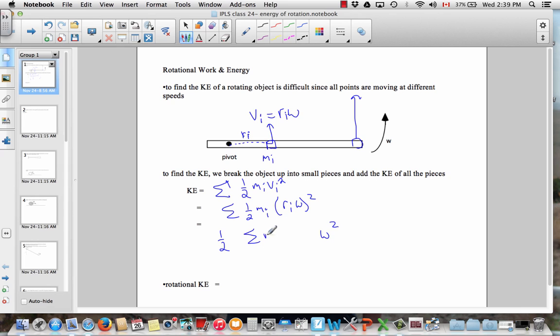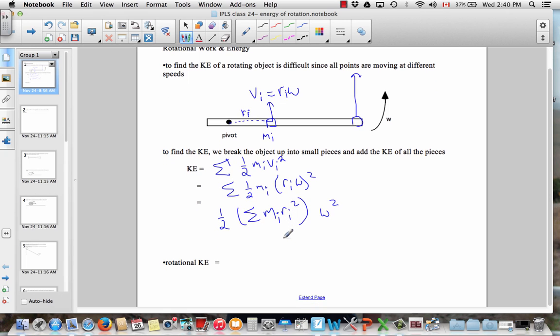And what we end up summing is m_i r_i squared. Now, why is that helpful? Well, because a mass times a distance squared is, pausing for effect, the rotational inertia of that little bit. And so what we've really got here is a half times the total rotational inertia of the rotating object times omega squared.